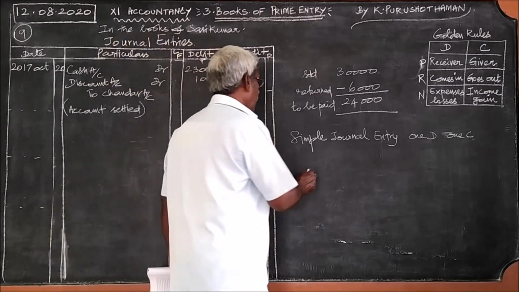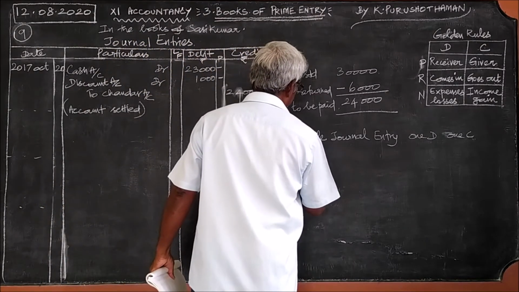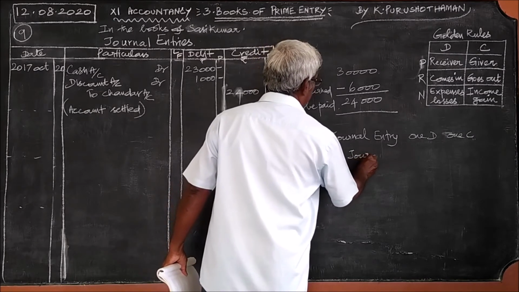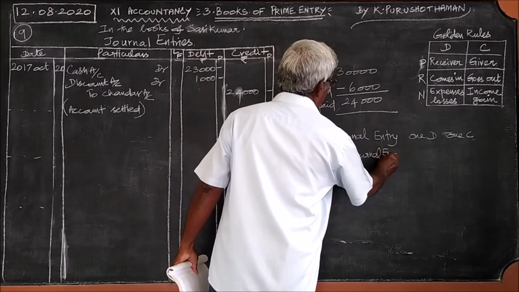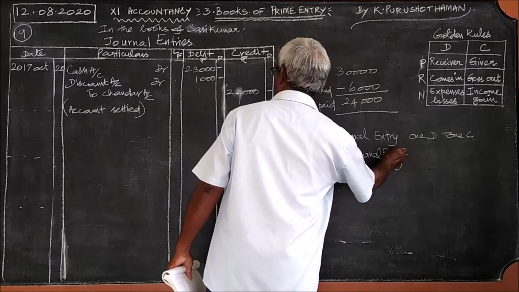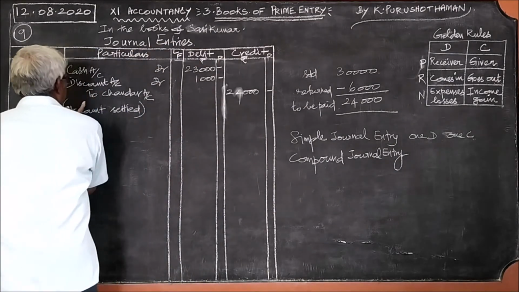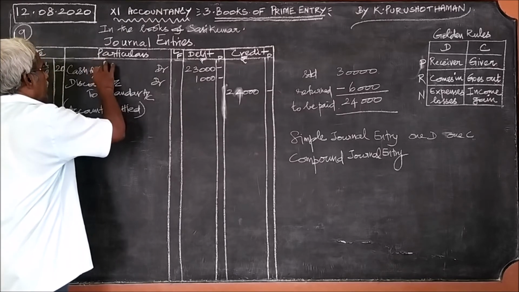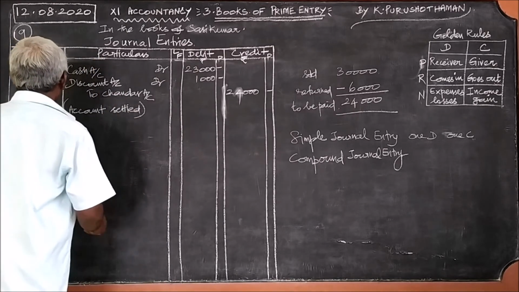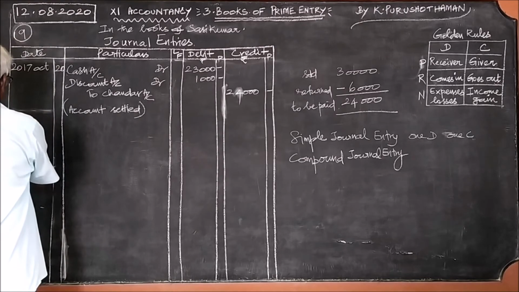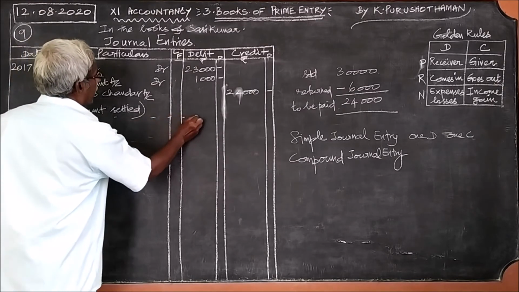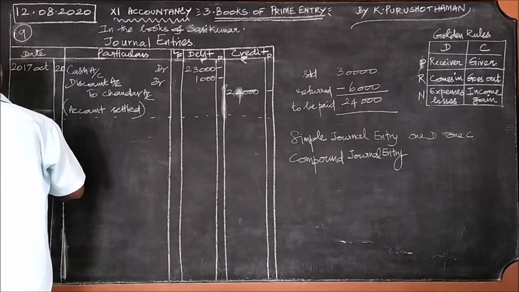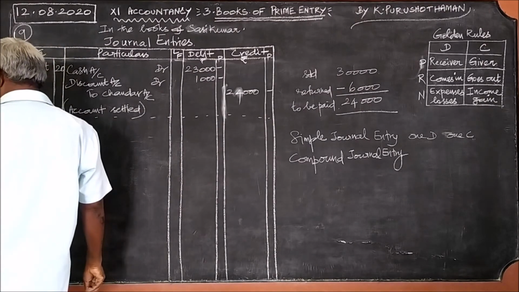Such entries are called compound journal entries. Here, this is a compound journal entry because for one credit there are two debits. We leave a line gap here. After it, we go to the next date. What is the next date? Next date is 25th.